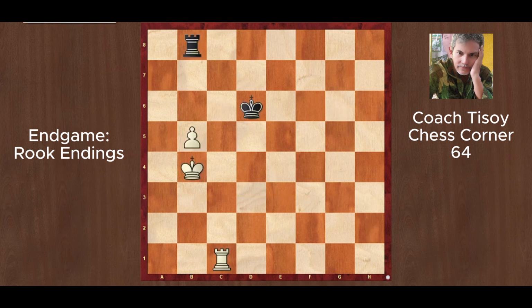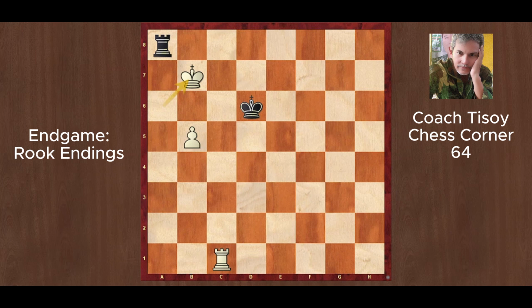You know, guys, in rook endings, the placing of the pieces is very important. This is the position. The pawn has reached the fifth rank and black is helpless against king a5, followed by the advance of the pawn.